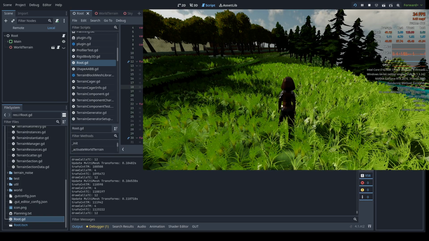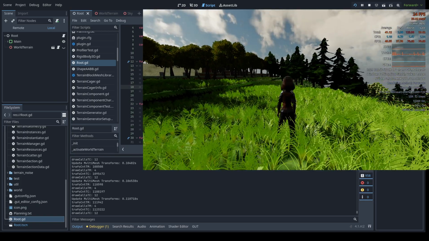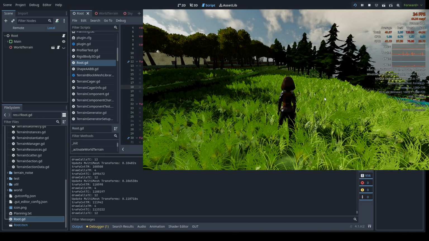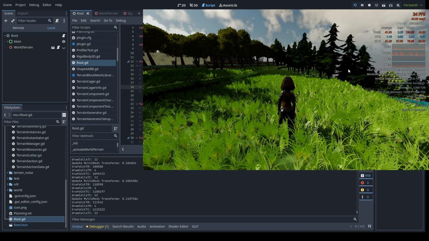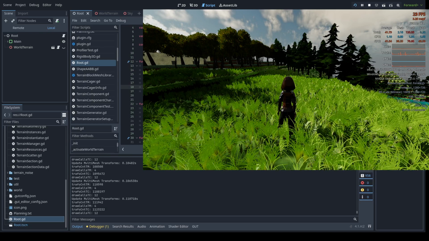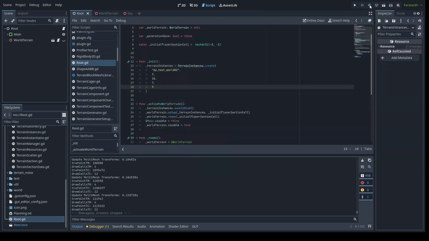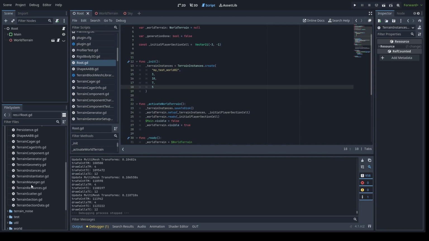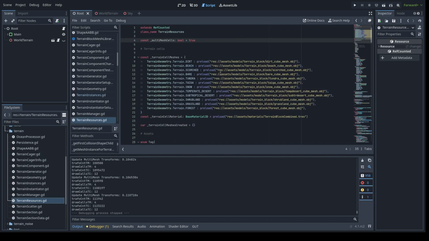I want to compare this now to a GridMap approach, the GridMap approach in my engine here. There is one switch here, in terrain resources.